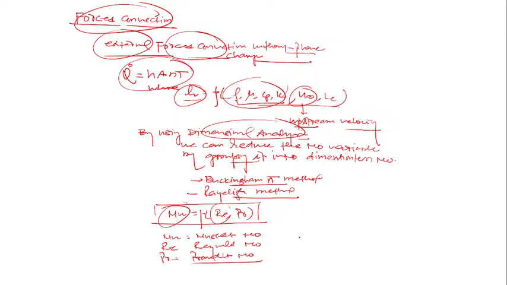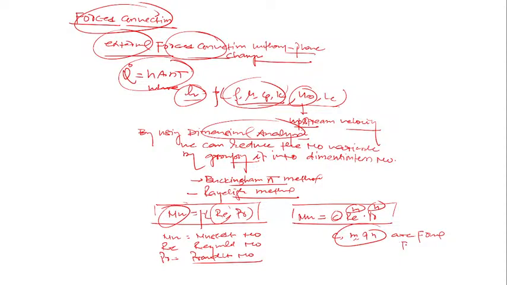So by carrying out the experiment, the Nusselt number is equal to, let's say, C into Re to the power m into Pr to the power n, where C, m and n are constants. These constants we can only get from the experiment, because the function is something we don't know; it totally depends upon the experiment. C, m and n are found from experiment. Clear?